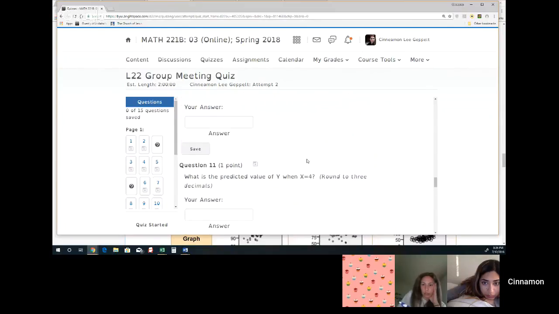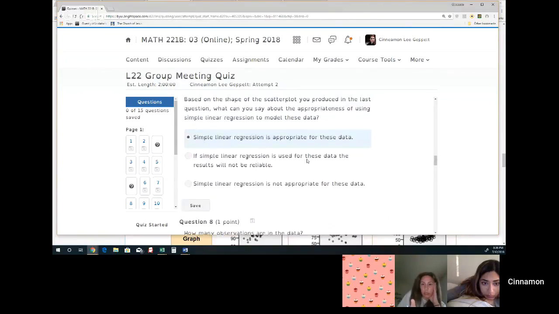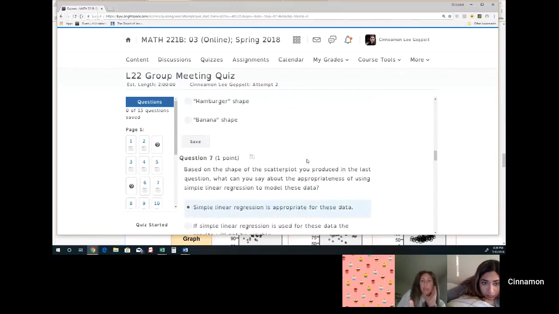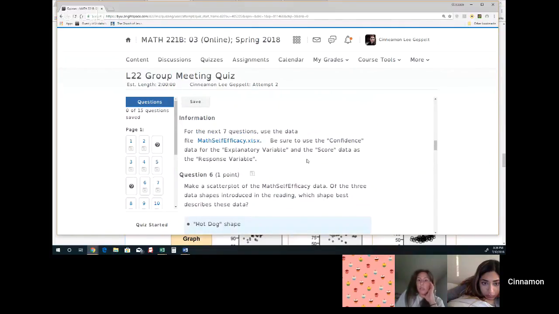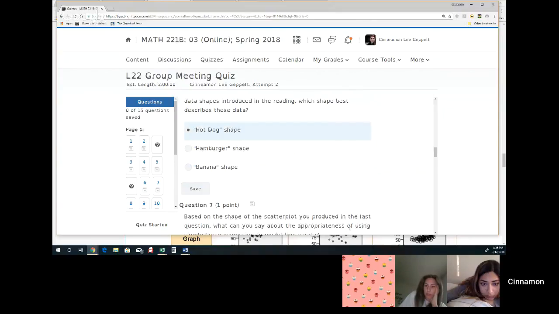Okay, which one are you doing? 1 and 10? I'm doing 10, yeah. What is the slope? So it goes all the way back up here. So for the next 7 questions, use the data file map self-efficiency. Be sure to use the confidence data for the explanatory variable and score data as the response variable. So X and Y.